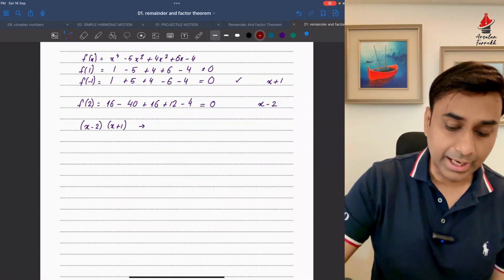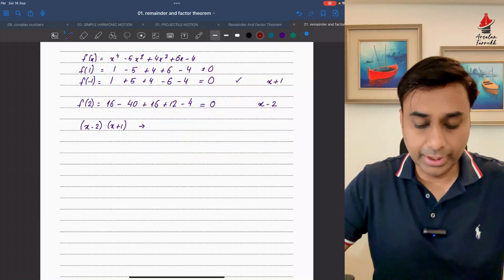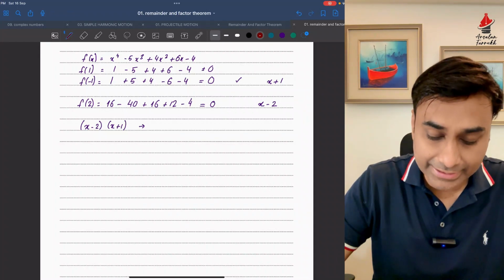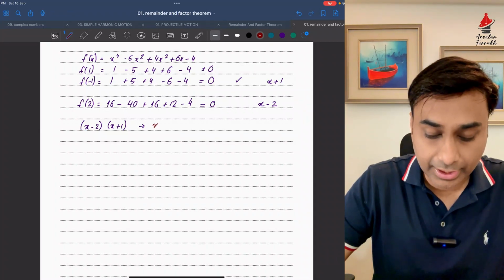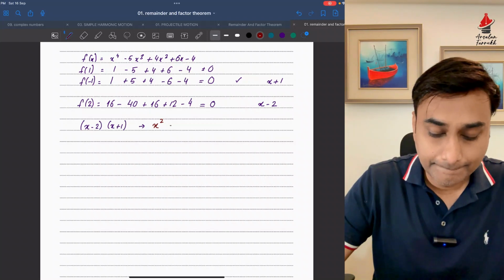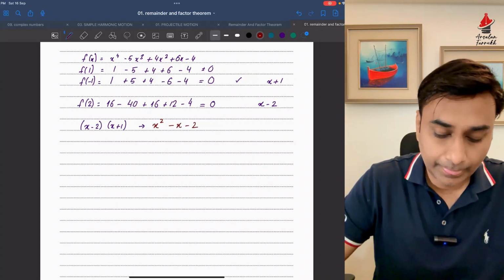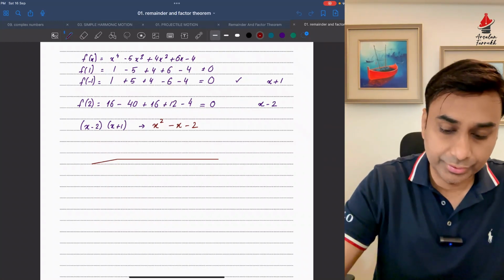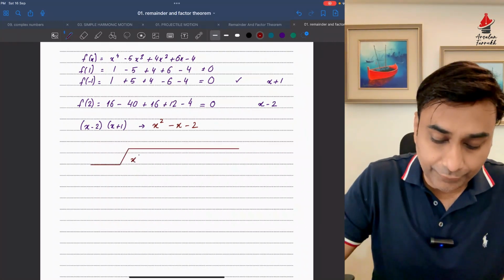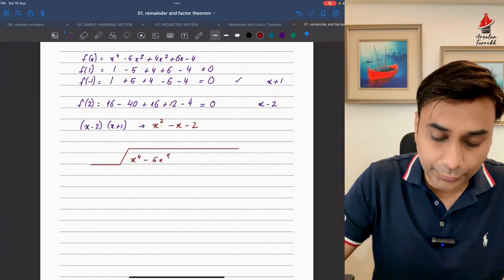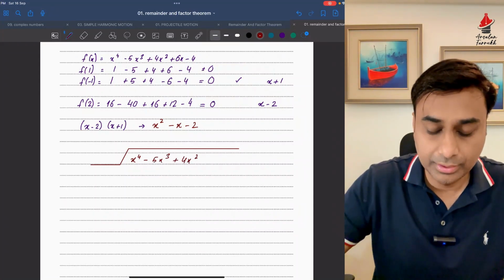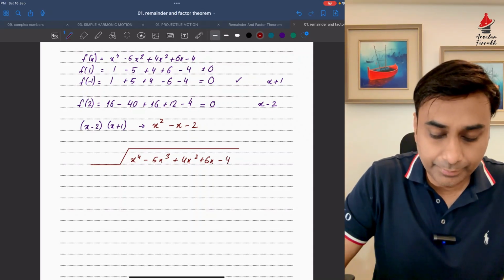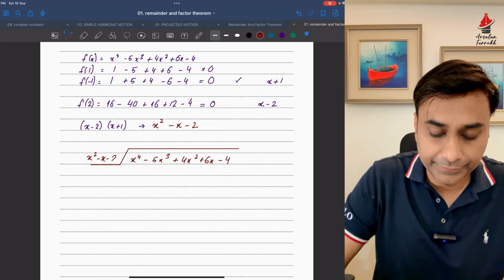Okay, so once I have found the two factors, x minus 2 and x plus 1, I can multiply these to get myself one of the quadratic factors. That's going to be x squared minus x minus 2. And to get the other quadratic factor, I'm going to have to do the process of long division, which means x^4 minus 5x cubed plus 4x squared plus 6x minus 4 needs to be divided by x squared minus x minus 2.